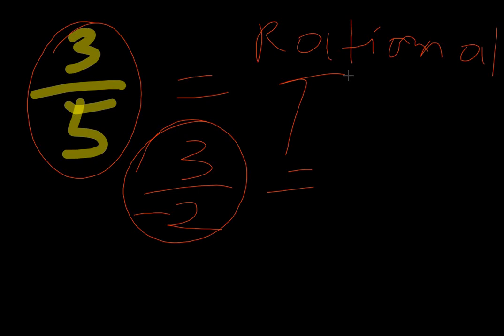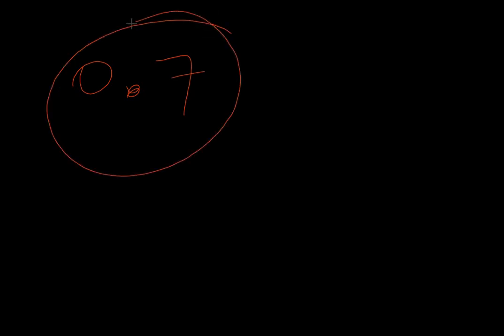And so we could actually look at rational numbers in a different way. What if I have, let's say, 0.7? How could I convert 0.7 from a decimal to a fraction? Well, we know that this is actually being divided by 10. And so if you look at 7 and 10, they are actually integers. And so we could actually say this fraction is a rational.